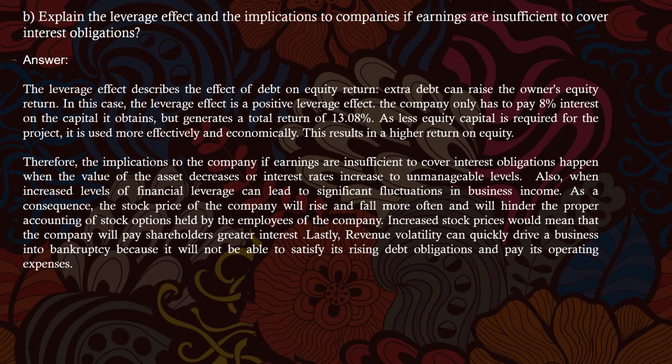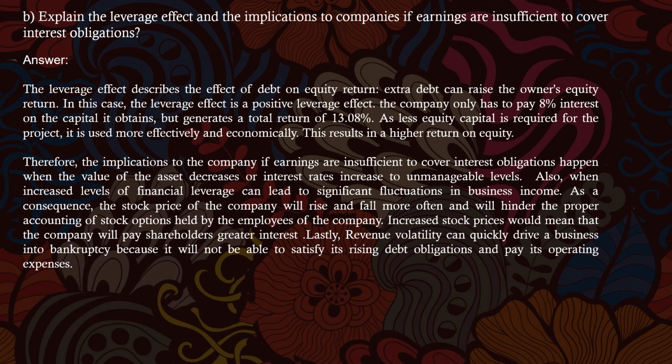Therefore, the implication to the company if earnings are insufficient to cover interest obligations happens when the value of the asset decreases or the interest rate increases to an unmanageable level. Also, an increased level of financial leverage can lead to significant fluctuation in business income. As a consequence, the stock price of the company will rise and fall more often and will hinder the proper accounting of stock options held by the employees of the company.